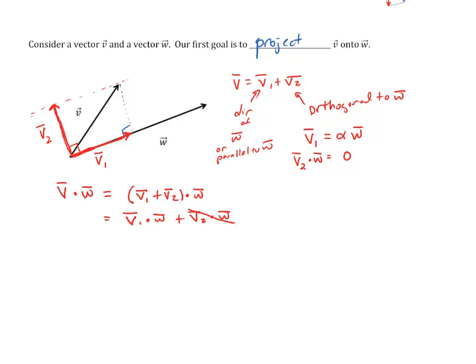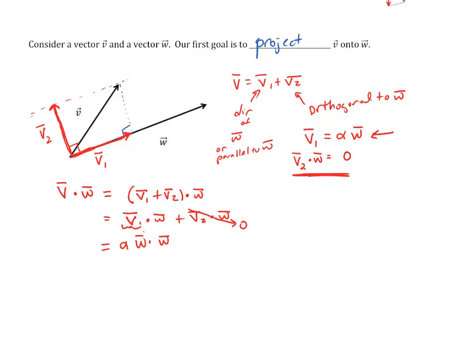But this one is 0. And it's 0 from right here. Now, v1 dot w is the same thing as alpha w dot w, right? From here, just replacing v1 with alpha times w.